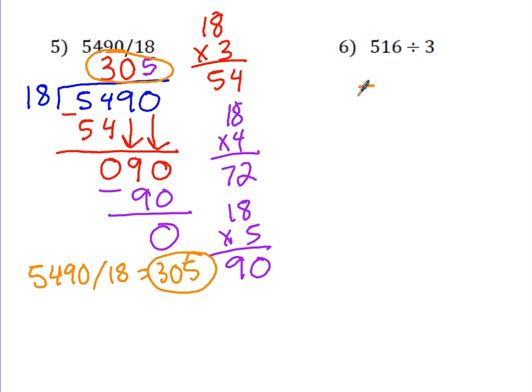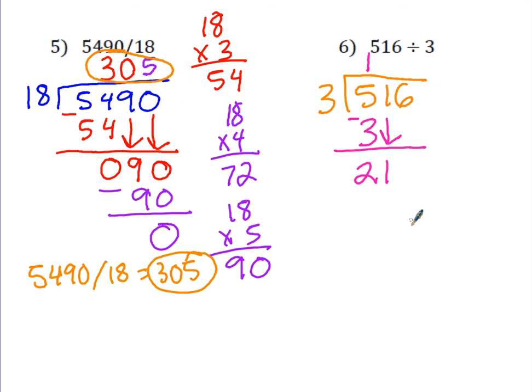Now for number 6, we've got 516 divided by 3. So we think about how many times does 3 go into 516? It goes in once without going over. 3 times 1 is 3. 5 minus 3 is 2, and then we can bring down the 1. And we think about how many times does 3 go into 21 without going over? Well, 3 times 7 is exactly 21.